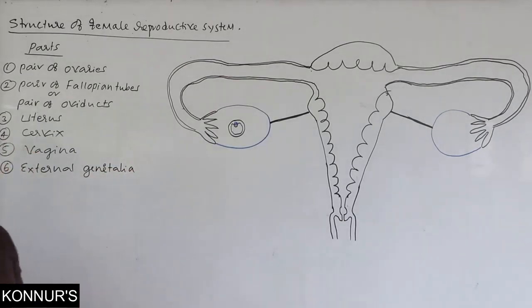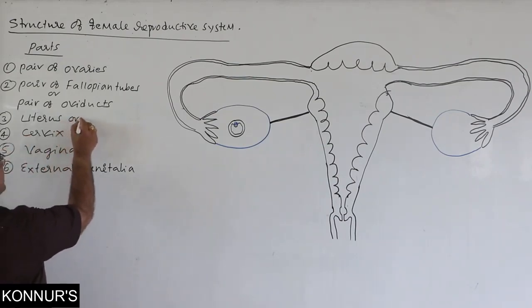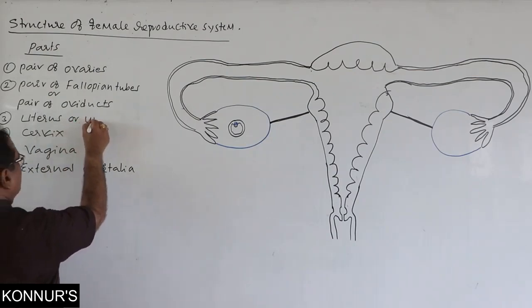A pair of ovaries, they are the female gonads, and a pair of fallopian tubes, otherwise said to be a pair of oviducts. Uterus is also named as womb.